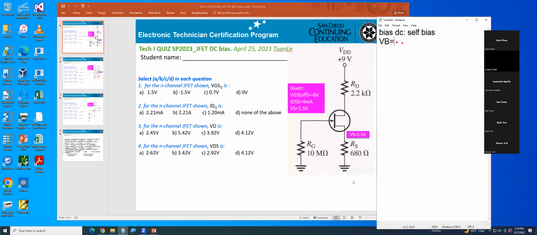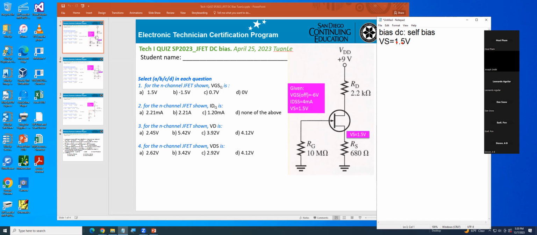VB is 0. However, you understand for the self bias, you need the graph. However, we don't give you the graph. Okay? So they have to give something else. That means they give you VS equal 1.5 volt.